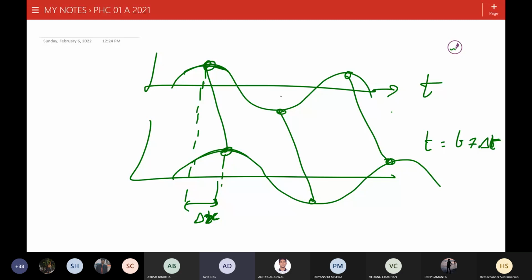How fast the crest is moving is your wave velocity, delta x by delta t, as delta t tends to 0. That is your velocity: how fast the crest is moving forward. Or you can equivalently define how fast the trough is moving. The same thing.